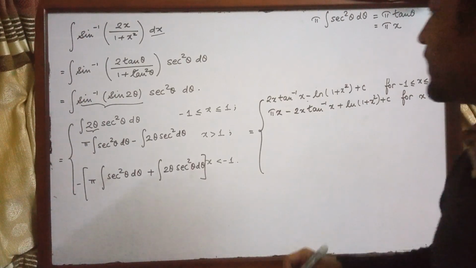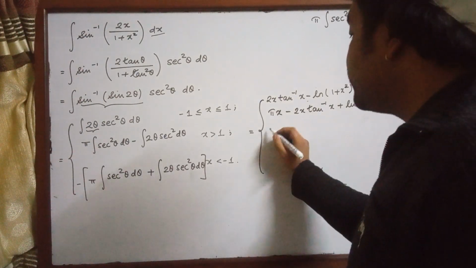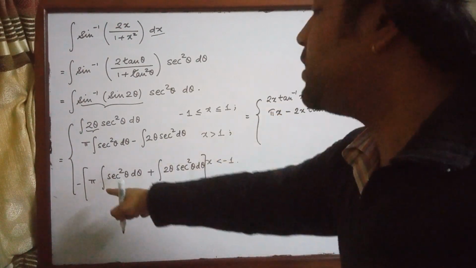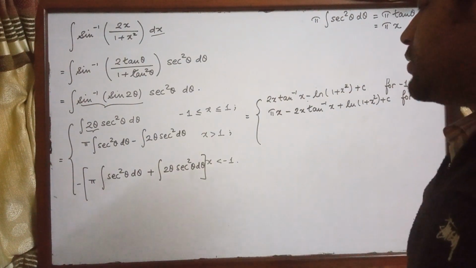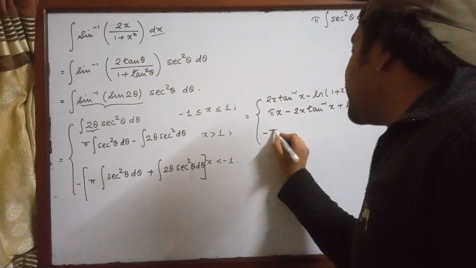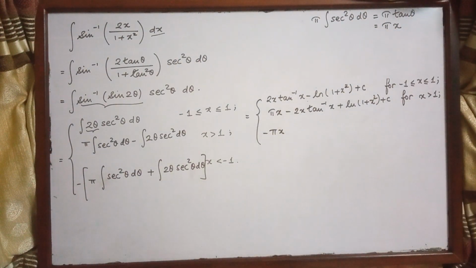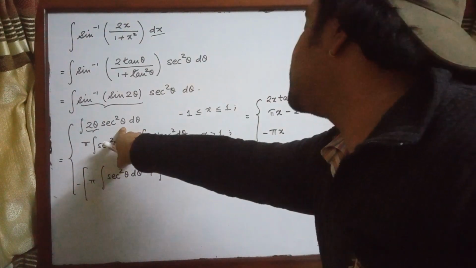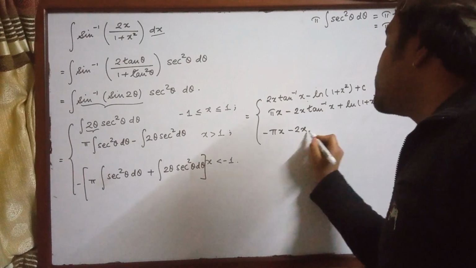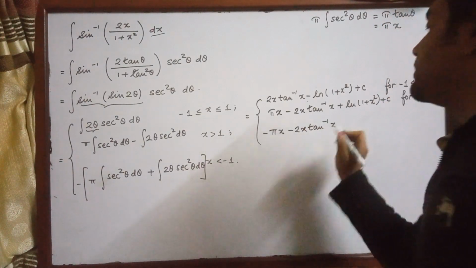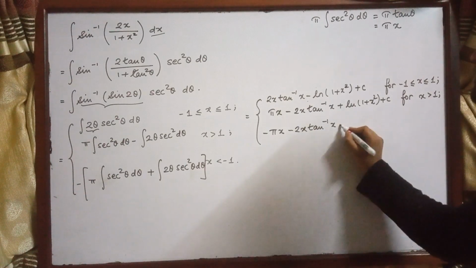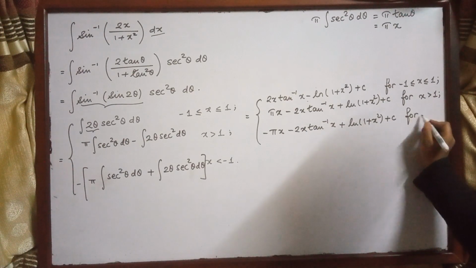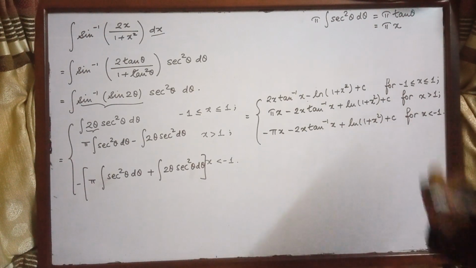Now finally, for this part, this is going to be something like minus pi x, and minus of this thing means minus twice x tan inverse of x plus log of 1 plus x squared plus c for x being less than minus 1.